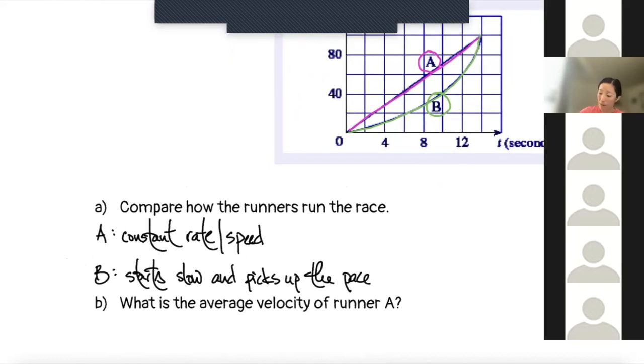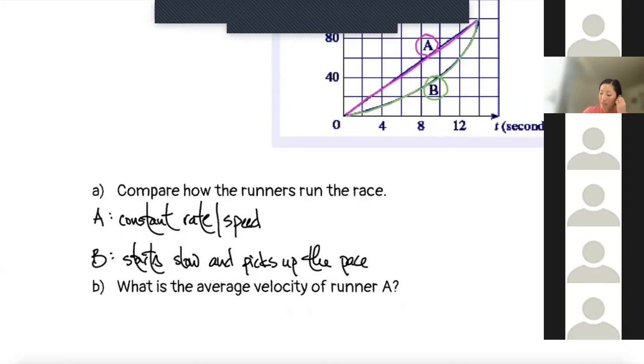Runner B, I would agree, starts slowly and then starts to pick it up and is running much faster than runner A at the end, but only to get to that same finish line at the same exact time. So we can say here that runner A has a constant rate or speed, but runner B starts slow and picks up the pace.